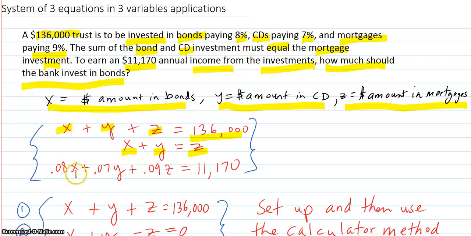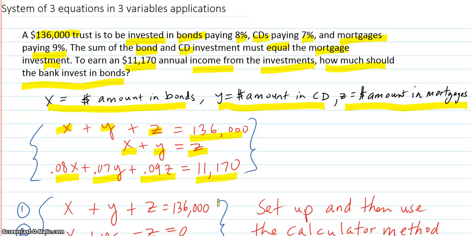Then we use the percentages. The bonds pay 8%, and so you add that investment income from the interest, 0.08x, 7% for the CDs, 9% for the mortgages, and that totals out to $11,170.